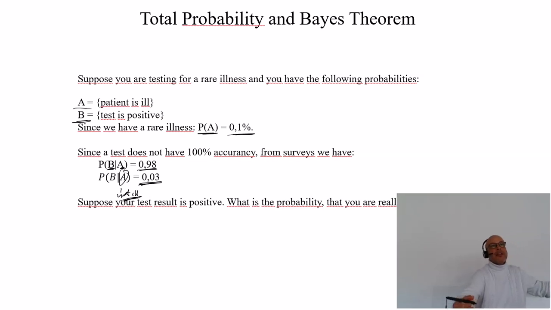Well, then in general, we would say it is quite a good test. But now let's put this together. Now we want to know, if the test is positive, what is then really the probability that I am really ill?